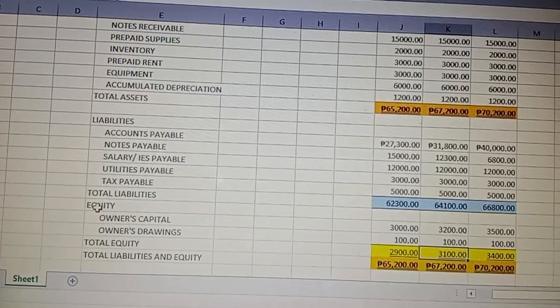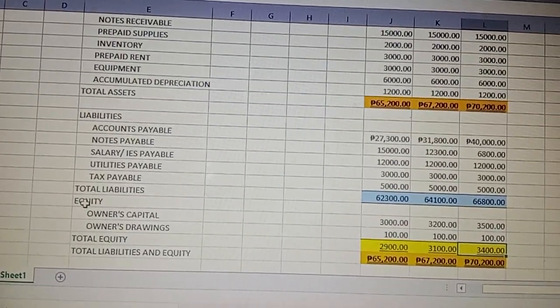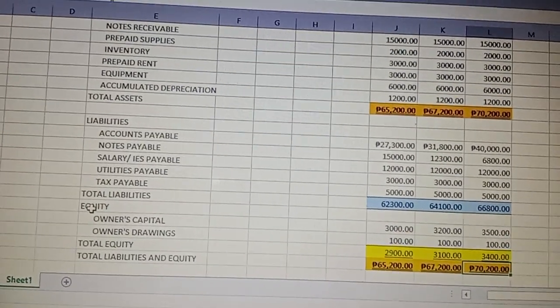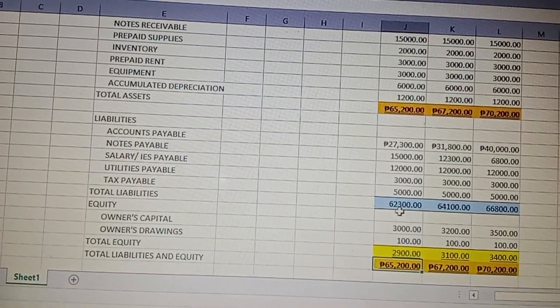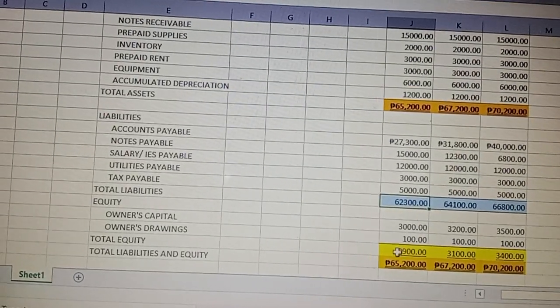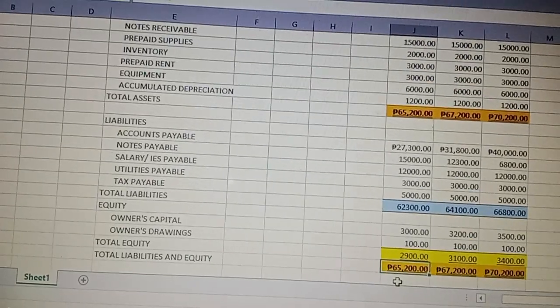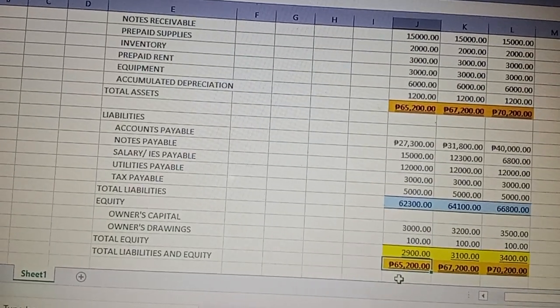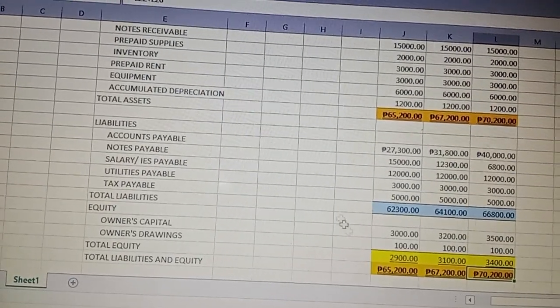In this part it is 3,100 pesos, and then 3,400 pesos. Then you sum up the total liabilities and the total equity to get the total liabilities and equity. And then the same goes for the upcoming years.